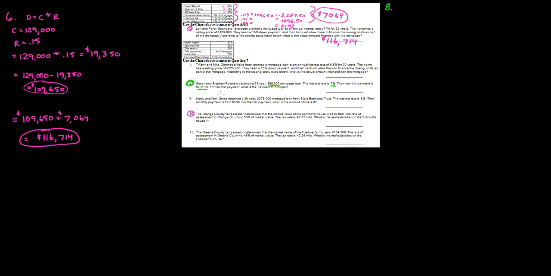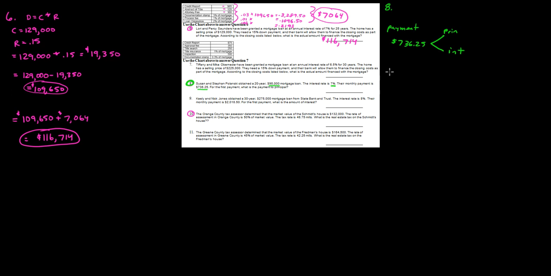So this is like the amortization type problems that we did. So if I owe $95,000 and the interest rate is 7% and the monthly payment is $736.25, how much of that money goes toward principal? So remember, we got our payment here, $736.25, and some of that goes toward the principal and some of that goes toward the interest. And so in this particular problem, it's asking how much goes toward the principal.